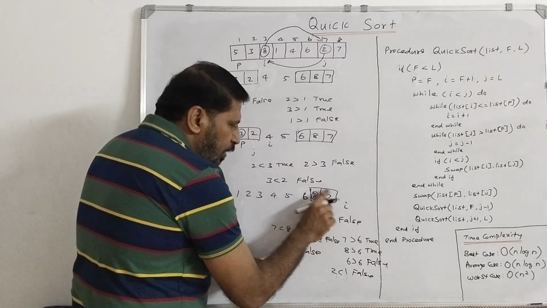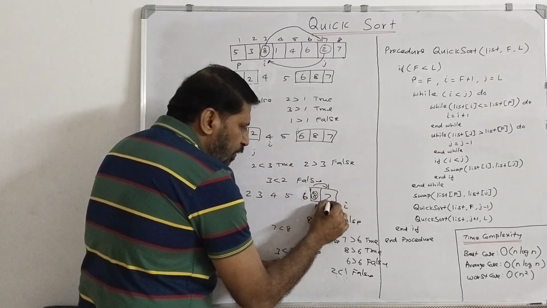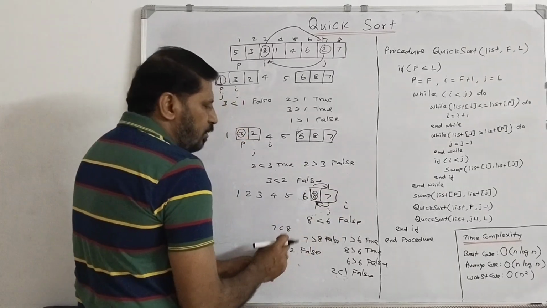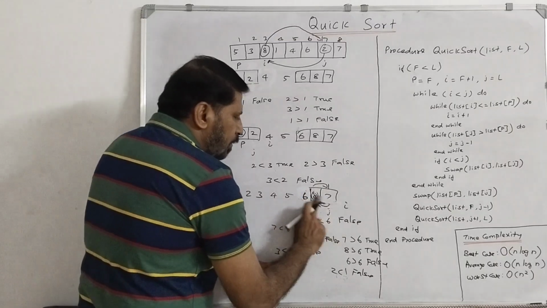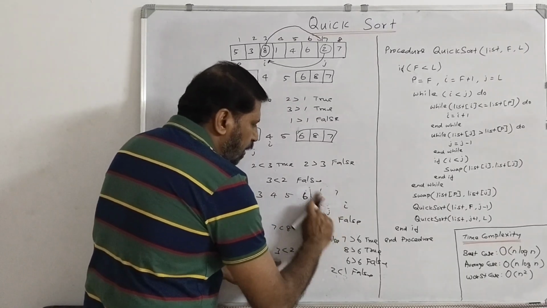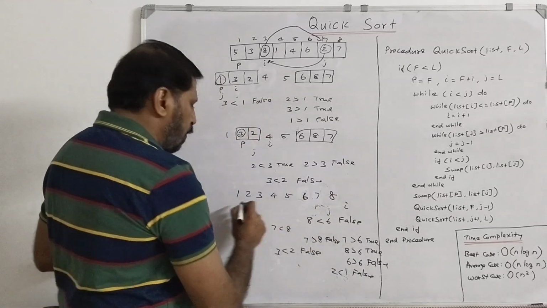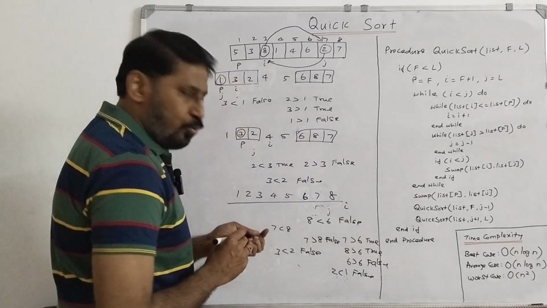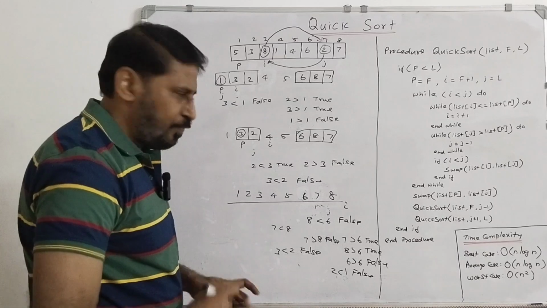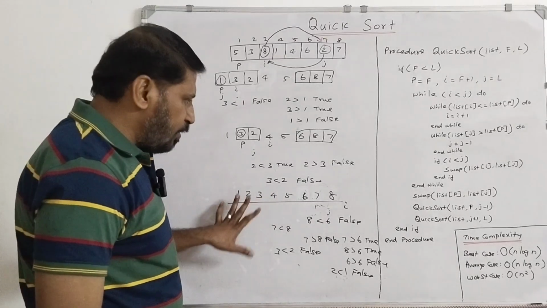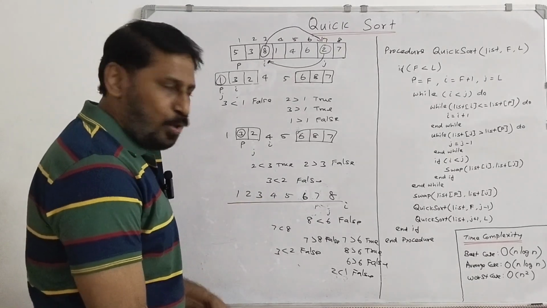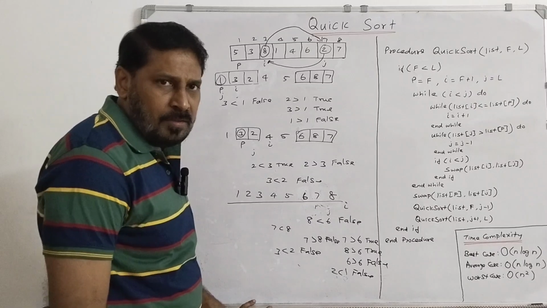So these two numbers are interchanged. So now the values are 7 and 8. Now the numbers are sorted through the quick sort method. Is the point clear? So this is the manual representation of the quick sort method.